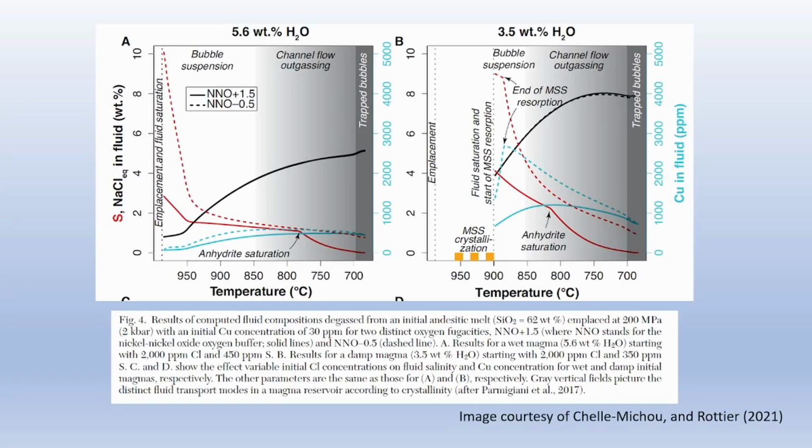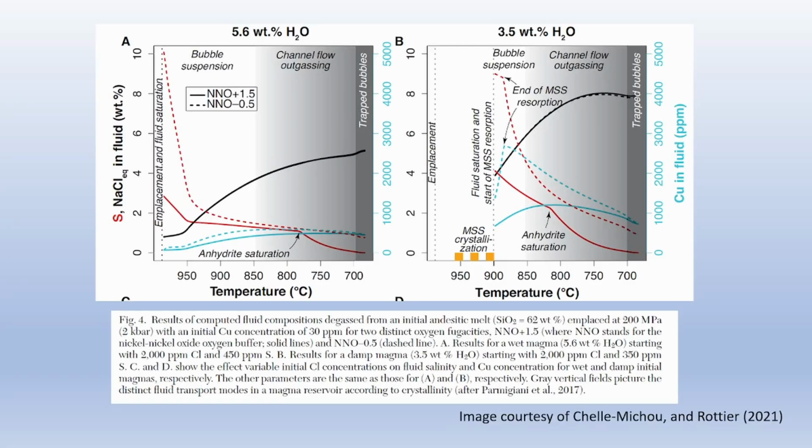They're suspended like fizz in a soda bottle. Then comes a tipping point as the magma becomes more crystalline. These bubbles find pathways to escape. That's the channel flow outgassing phase. And it's critical because that's when volatiles like sulfur and copper start moving.